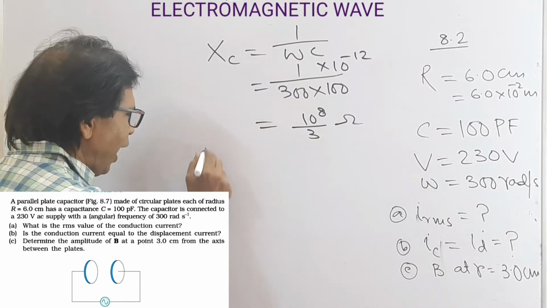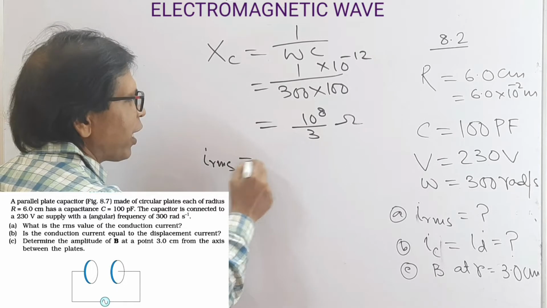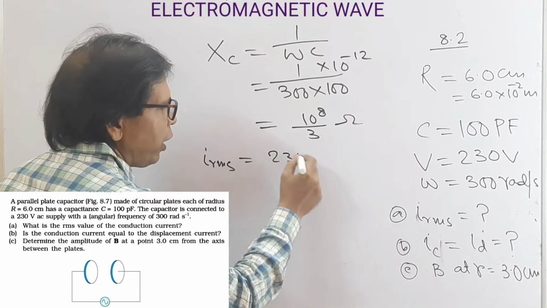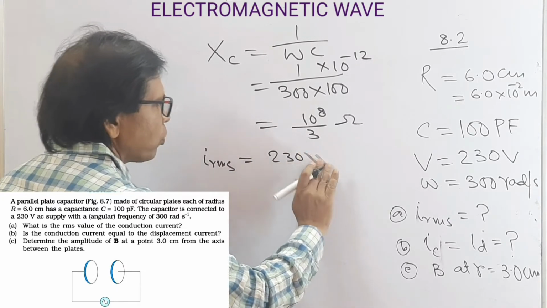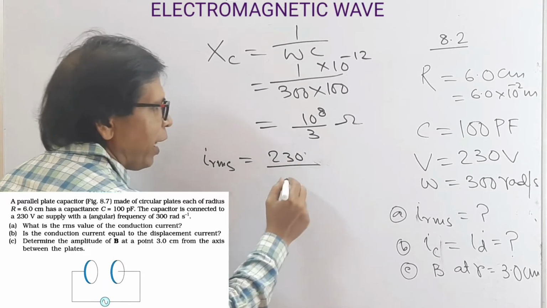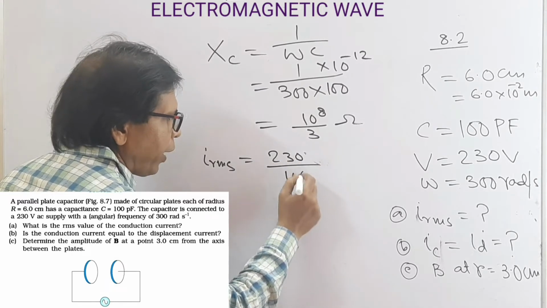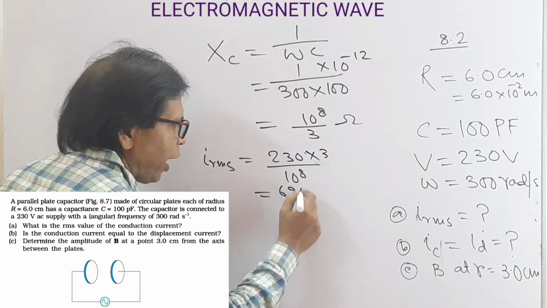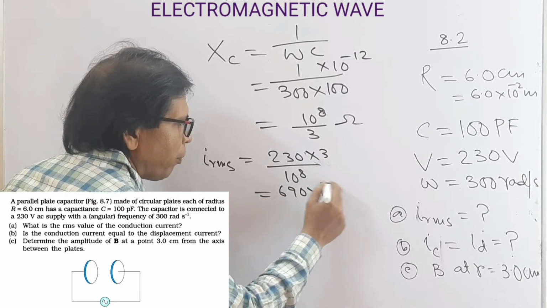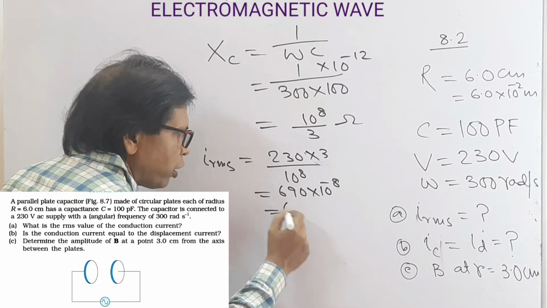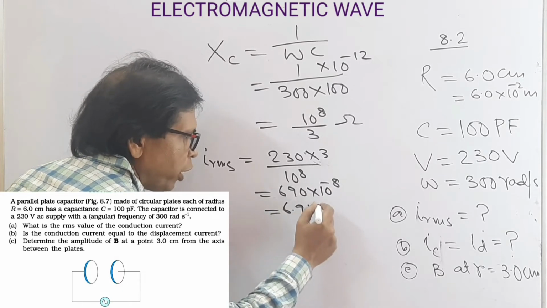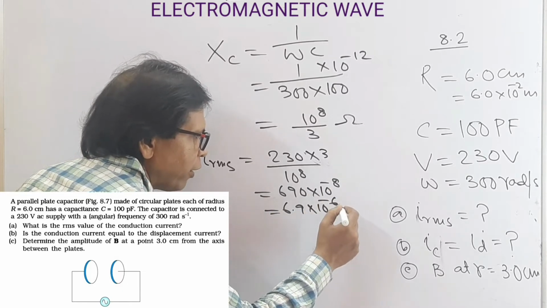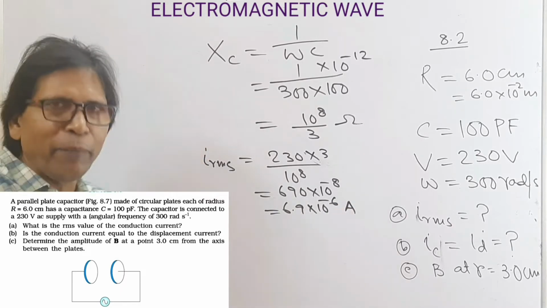So I RMS equals 230 divided by XC, so 10 to the power 8 and this is 3. So this is 690 into 10 to the power minus 8, so this is 6.9 into 10 to the power minus 6 ampere, the RMS value of current.